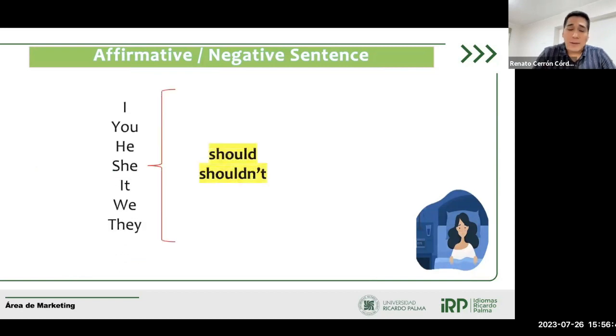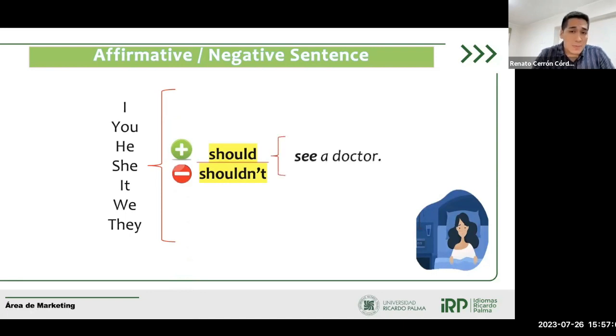To be honest, it's very easy to work with this modal verb. Teacher, why? Because all of these subject pronouns, I, you, he, she, it, we, they, are going to work the same way with this modal verb. Should, if it's affirmative, and shouldn't, if it's negative.